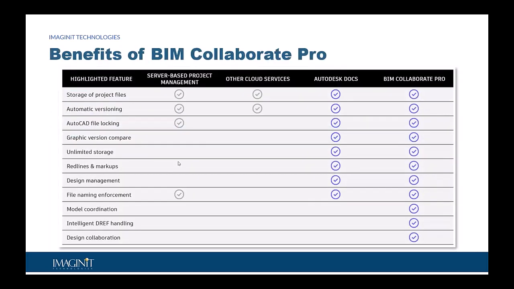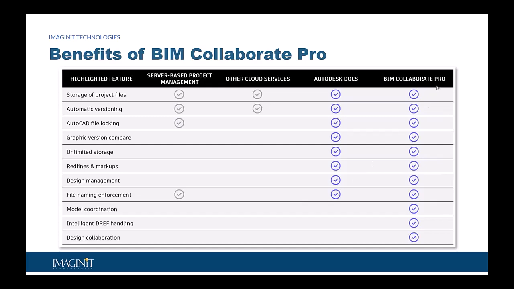Now I want to move into, that was around Docs and the foundational piece and the common data environment. I wanted to move over and start looking at ACC Pro or BIM Collaborate Pro. You'll hear different terms out there for this, but really this is the piece which we were just talking about. Docs really has all this information up to here, right?